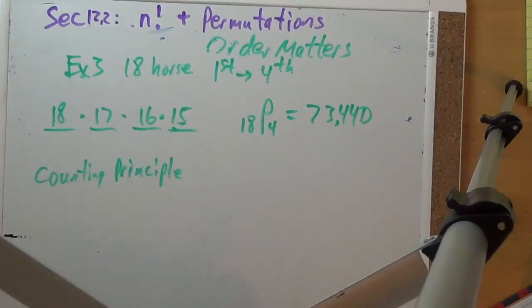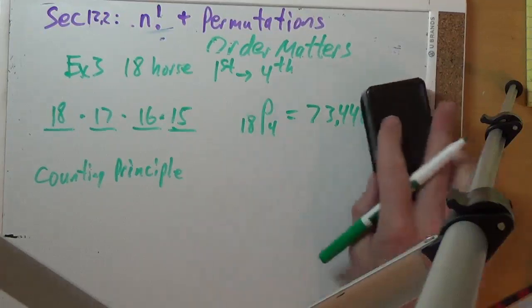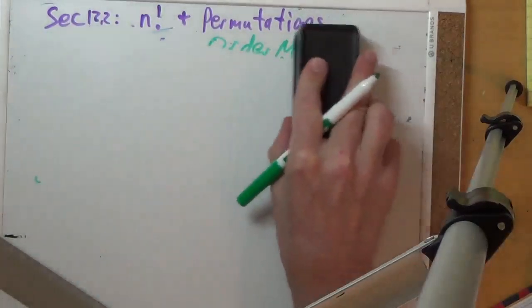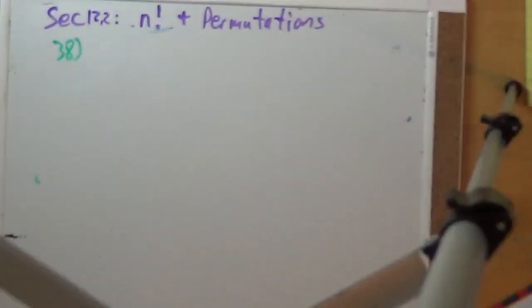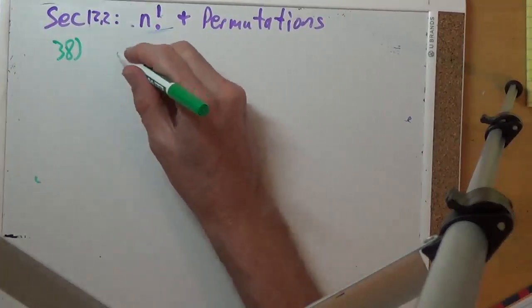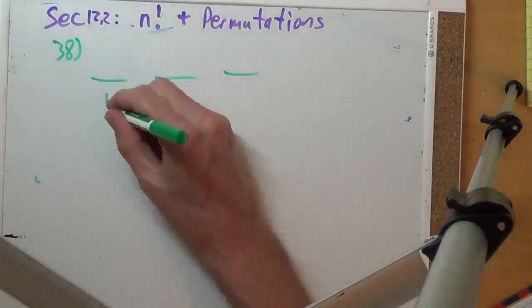Okay, maybe I'll do one more problem to finish this video. Let me do 38. It's like another election one. Board of Directors, President, Secretary, and Treasurer. So now we want President, Secretary, Treasurer.